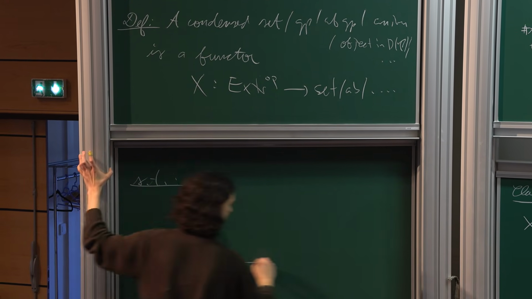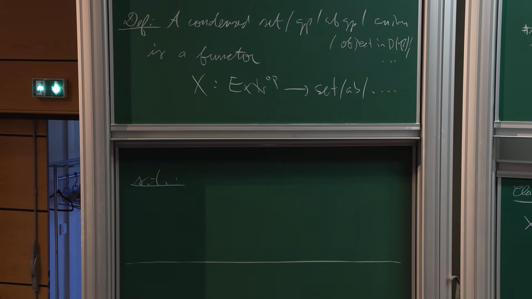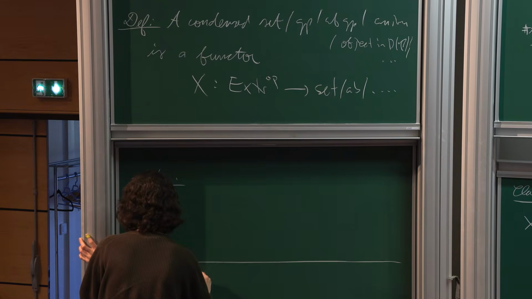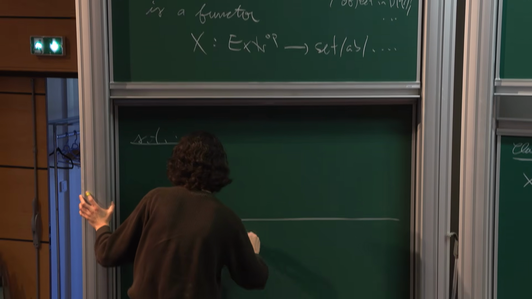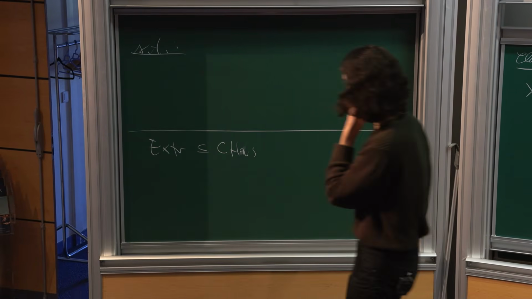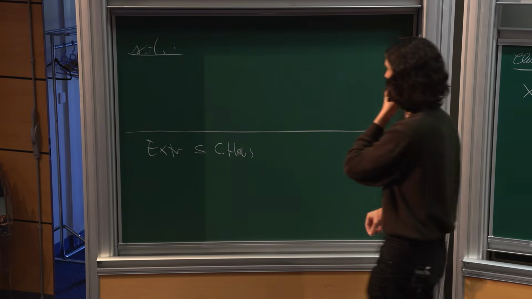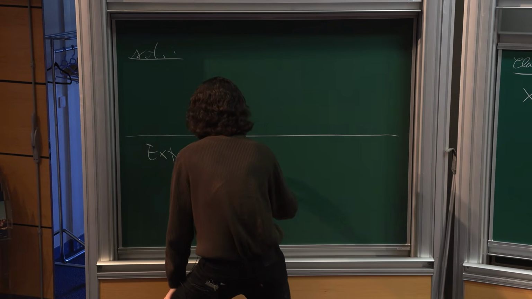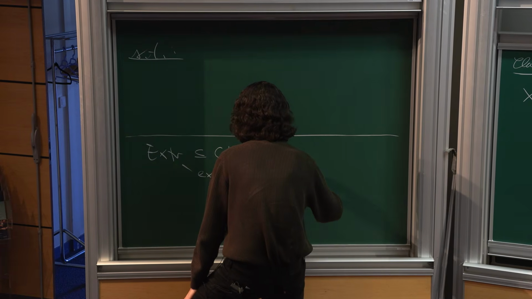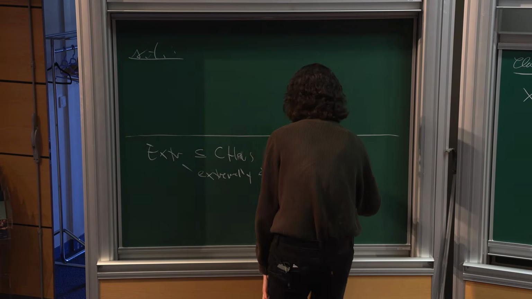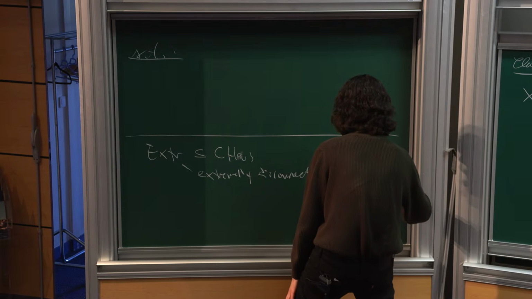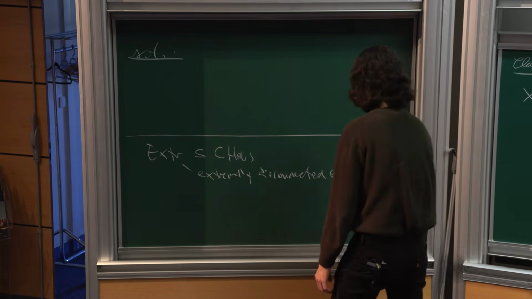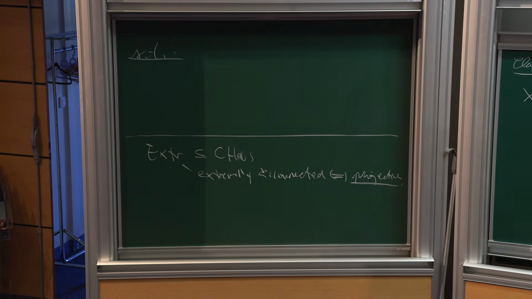But first, before I say the axioms, let me say what EXTR is. So EXTR is a certain very nice full subcategory of compact Hausdorff spaces. It's the extremely disconnected, also known as projective. And it's also the retracts of Stone-Čech compactifications of discrete sets.